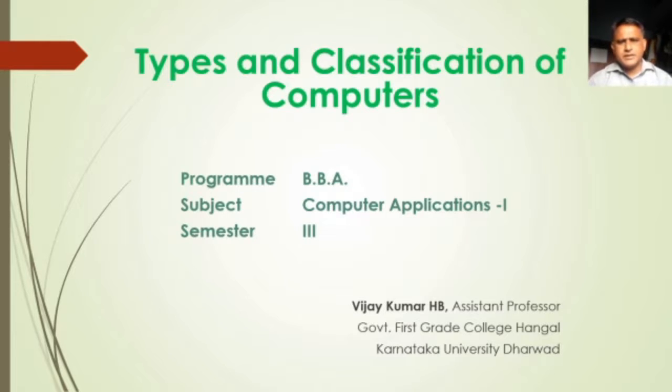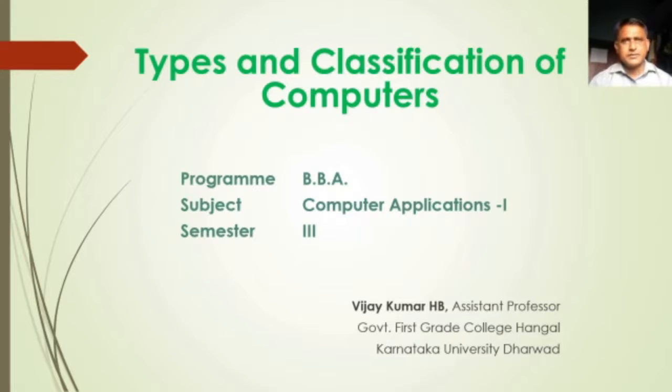Before we go deep into the types and classification of computers, let us recall what we have discussed in the previous classes. In the previous class, we discussed the generations of computers, the classification of the electronic computers, which started in the year 1946.